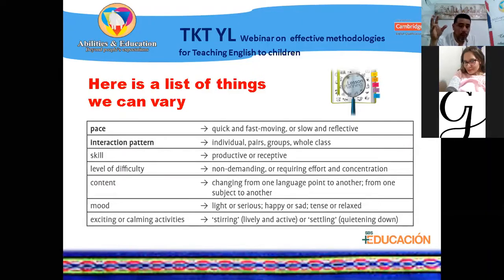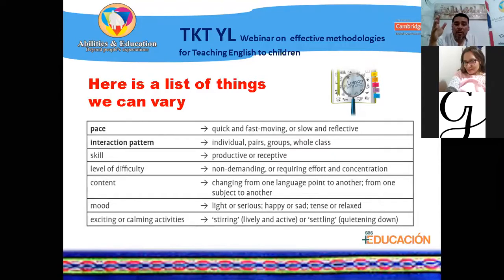We can also vary the interaction pattern, because sometimes during a lesson, students will have to be working individually, sometimes in pairs, sometimes in groups. We have to have variety of interaction patterns. Not all the time groups, not all the time pairs, not all the time individually, all right?